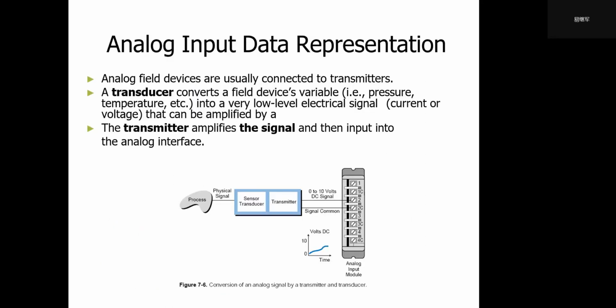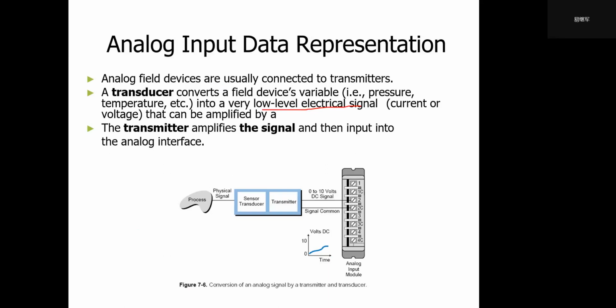Analog field devices are usually connected to transmitters. A transducer converts a field device's variable into a very low-level electrical signal that can be amplified by a transmitter.